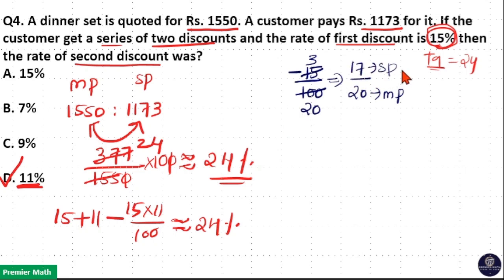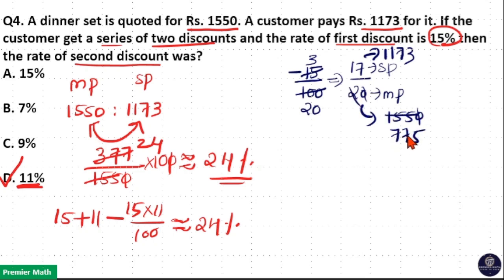Now here 17 part is equal to the selling price, which is 1173, and the marked price is 1550.